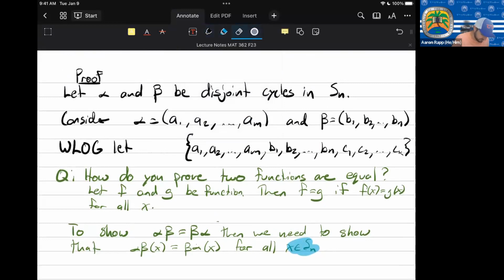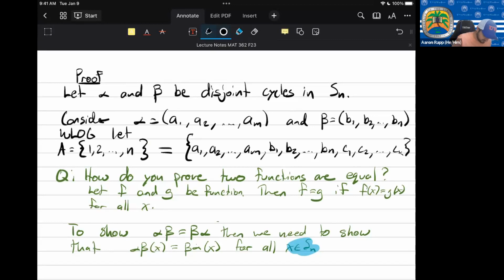Maybe this will help you if I rewrite this. Without loss of generality, let A be the inputs that I can choose, the things that I am permuting for Sn, the group of permutations on n elements.